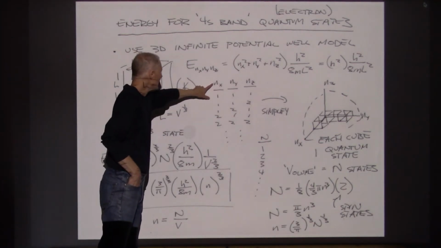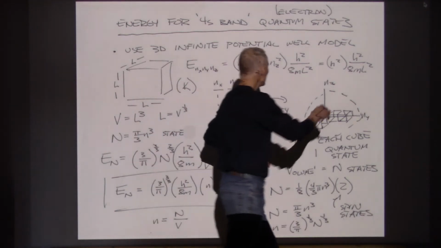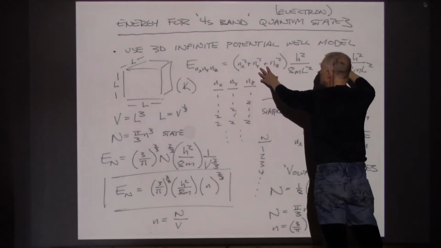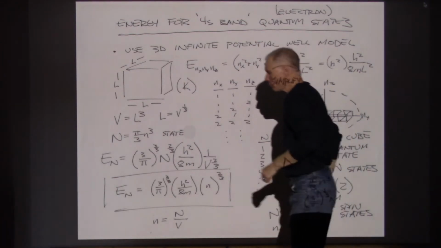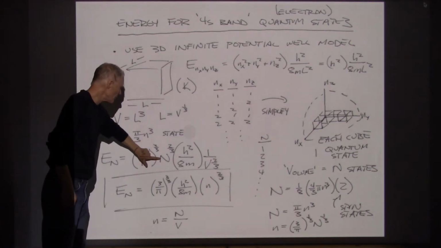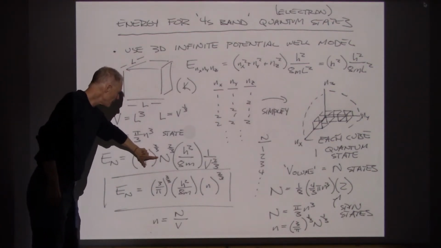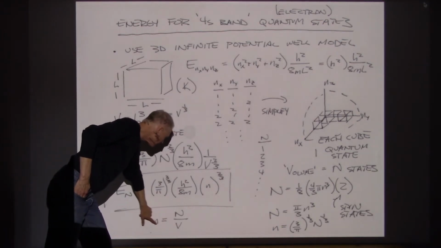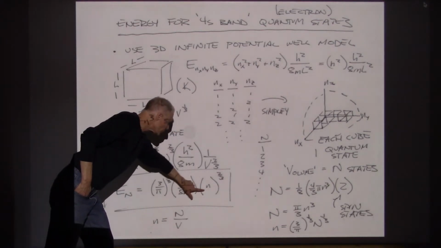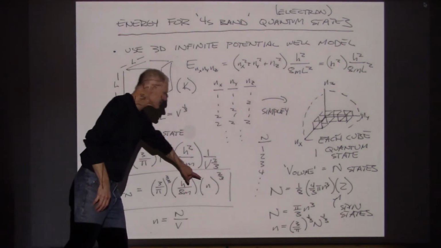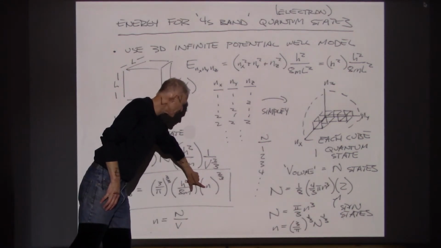What's happened here is we've used little n to represent the sum of these quantum numbers, but then once we get through that and replace it with big N, big N gets combined with the volume to become number of electrons per volume. I apologize for that. I should have picked something different here.